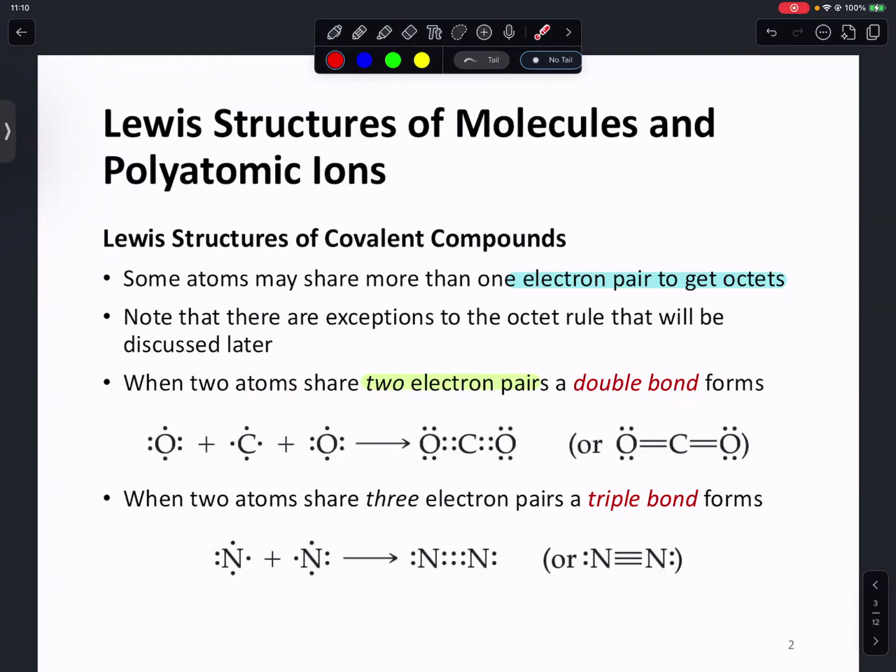For example, in carbon dioxide, we have two electron pairs here, and these represent the two double bonds. And sometimes they share even three electron pairs, as in nitrogen. We see these three electron pairs right here, and these become a triple bond.